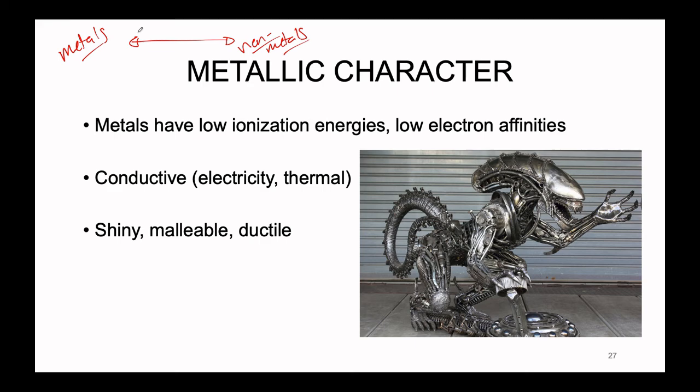Most notably, metals are known for having low ionization energies and low electron affinities. In other words, it is very easy for metals to lose electrons. This is what it means to have a low ionization energy. It does not take a lot of energy to take something that is a metal and turn it into an ion.